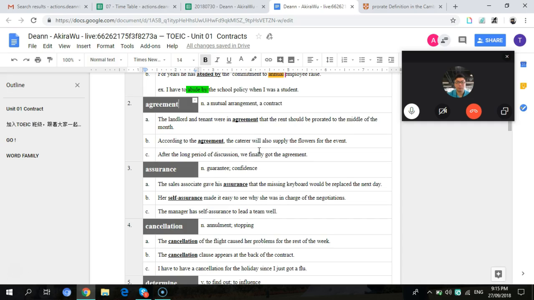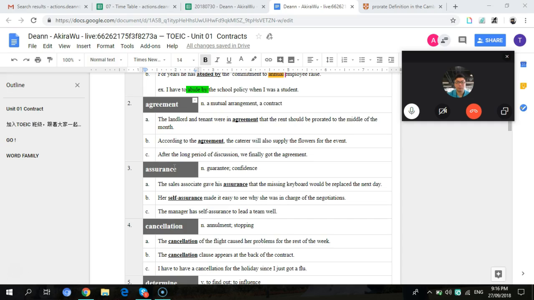So the agreement means some rule or some policy, a detail of the contract. So agreement is a part of a contract. A contract will not be a contract without the terms of agreement written into it.